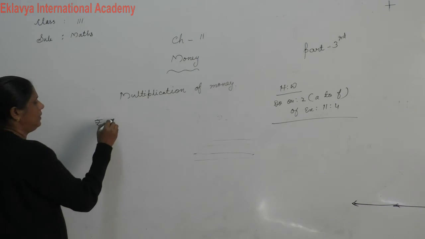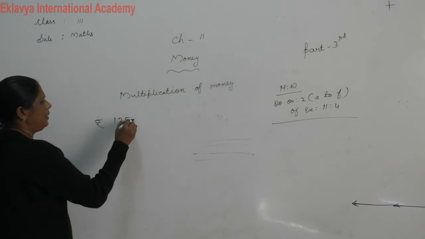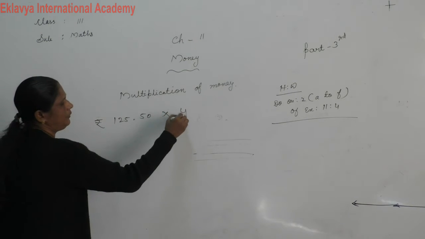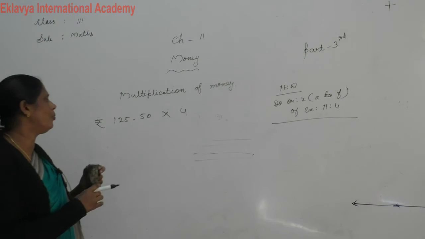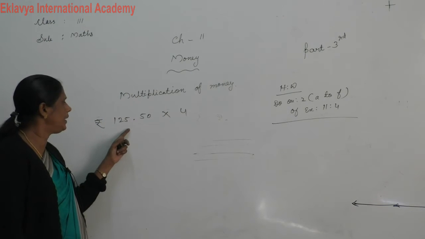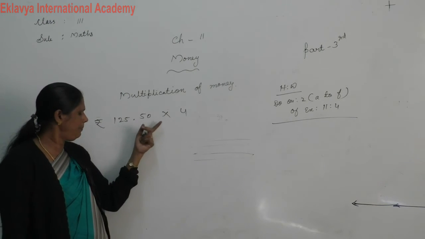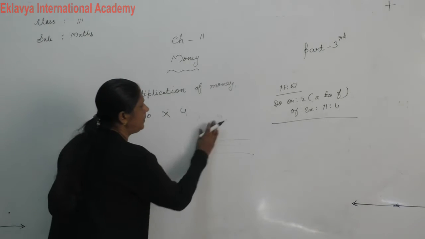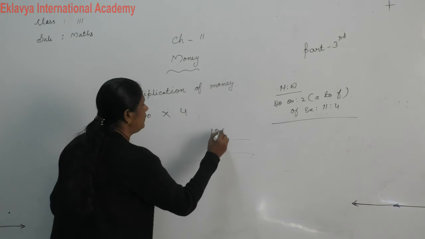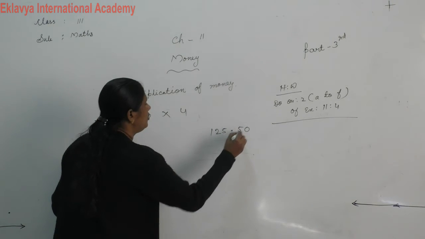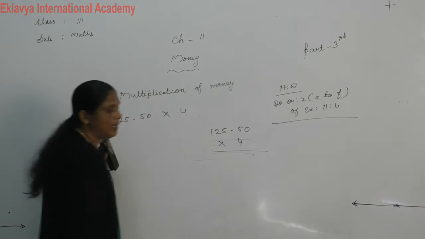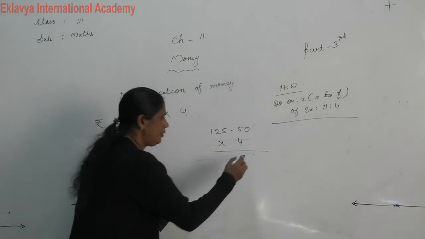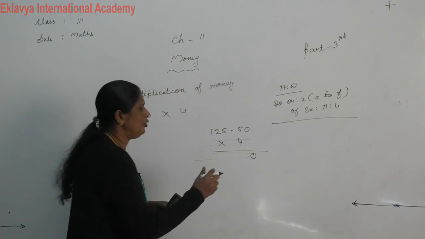Rupees 125 and 50 paise multiply by 4. Again you multiply this. 125.50 multiply 4. 4 times 0 is 0. 4 times 5 is 20.